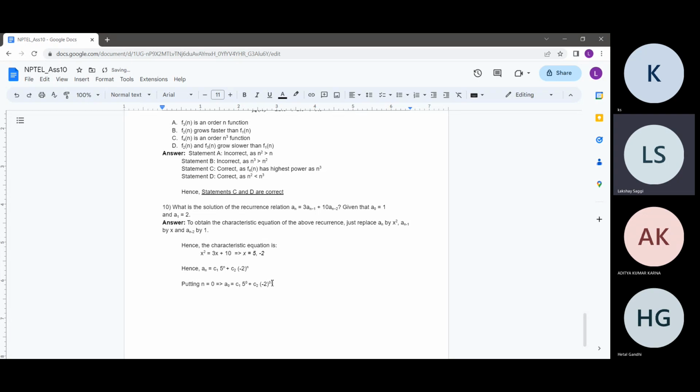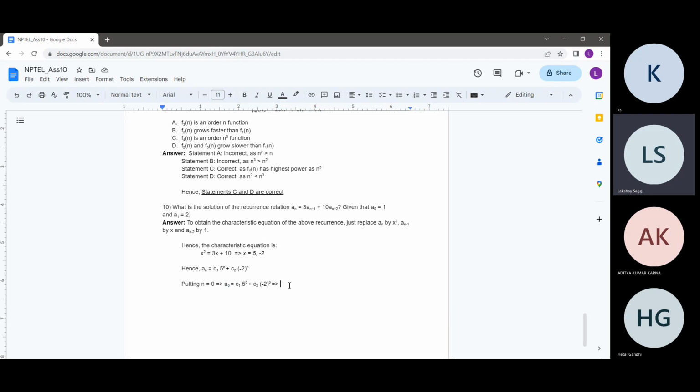So this equation will further evolve. This is something like a_0 is c1 times 5 raised to the power 0 plus c2 times minus 2 raised to the power 0. So now we know the value of a_0.